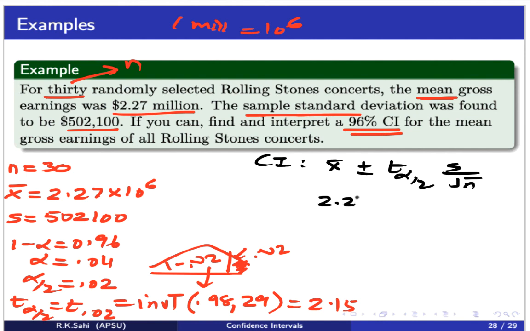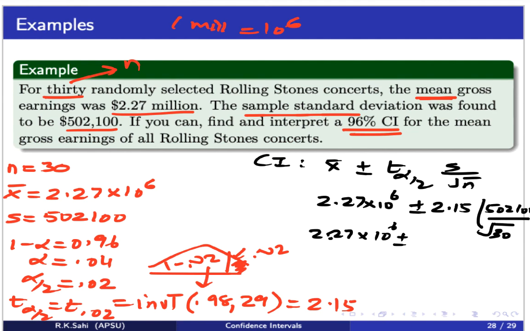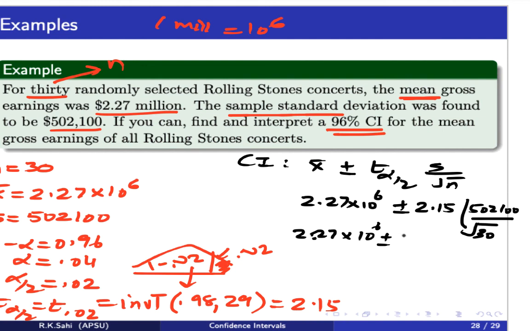So this is 2.27 times 10 to the power 6 plus minus 2.15 times s, which is 502,100, divided by square root of 30. When you do the math here, we get 2.27 times 10 to the 6 plus minus 197,091. So this is our confidence interval.